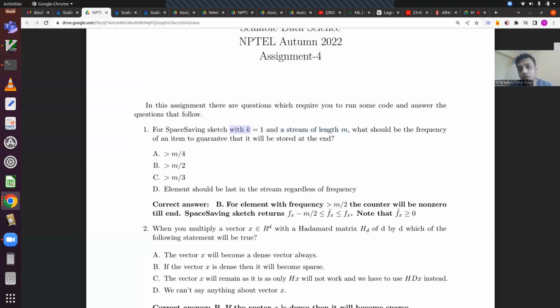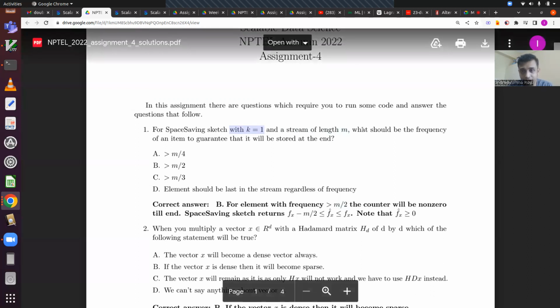So with only one counter, which is k equals to 1, only one counter I am keeping, we can decide the item with the highest frequency. That's what it is saying. Who said that more than half of the values are same? Yeah. More than half of the values are same. Where is it in the question, sir? No, so in the question, what is it asking?